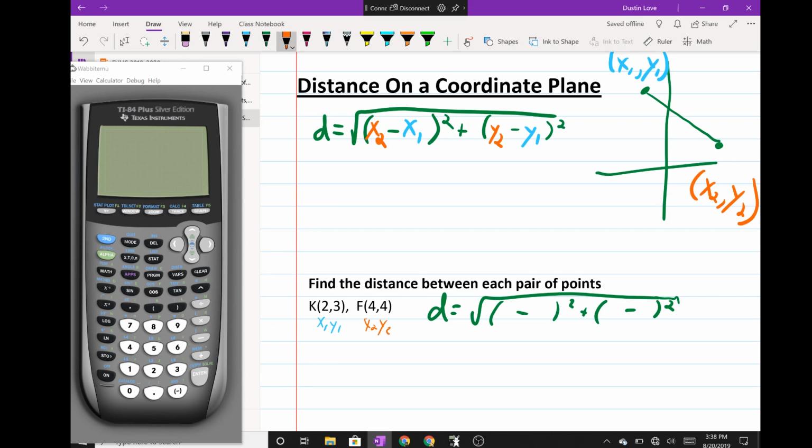All right, so whenever I start plugging these guys in, x2 is 4, came from right here. X1 is 2, which came from K. Y2 is 4, came from my F point. And then Y1 is 3, which came from my K.